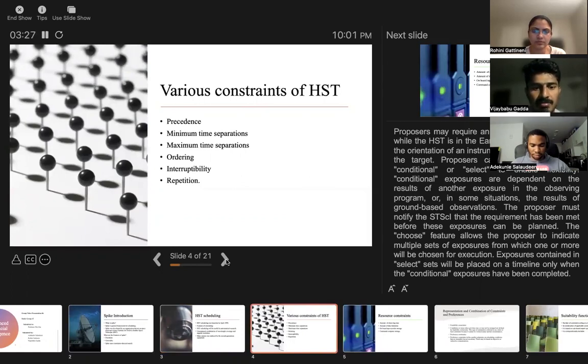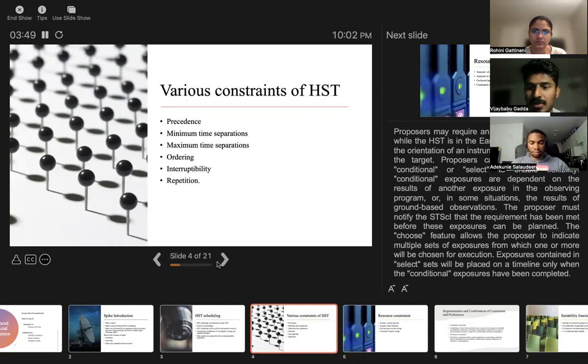Precedence, minimum time separations, maximum time separations, ordering, interruptibility, repetition. The proposers may require an observation to be taken while HST is in the Earth's shadow, or constrain the orientation of an instrument's aperture with respect to the target.